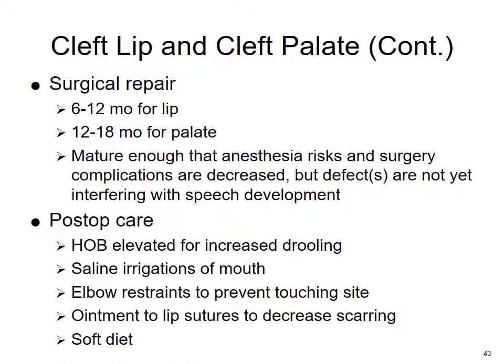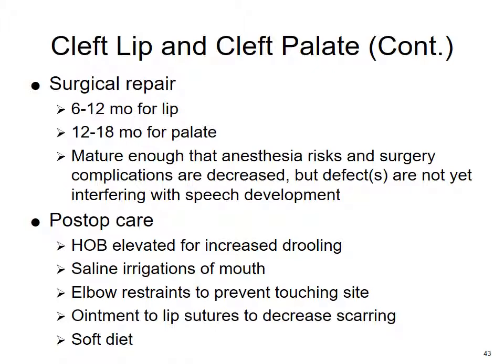Surgical repair is done between 6 and 12 months for a cleft lip and between 12 and 18 months for a cleft palate. So the palate is a little more invasive of the surgery than the cleft lip, and we need to make sure that the infant is mature enough that the anesthesia risks and surgery complications are decreased, but that the defects are not yet interfering with speech development.